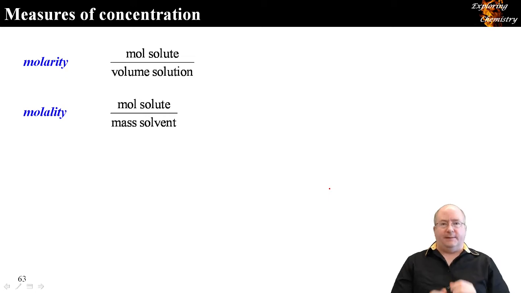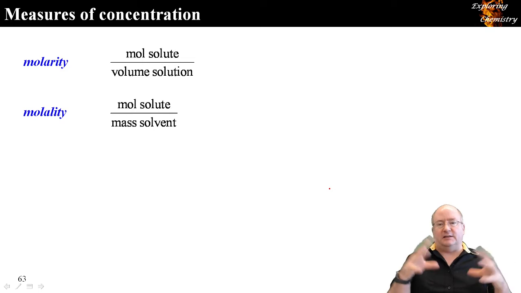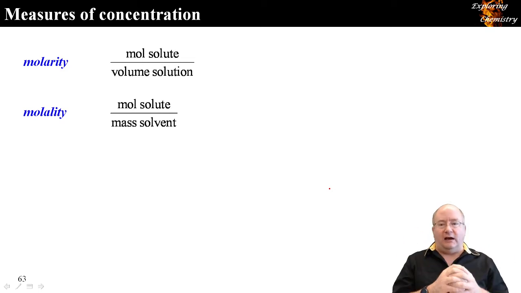The nice thing about molality is that it was independent of temperature. The mass of the solvent doesn't change, the moles of the solute doesn't change as a function of temperature. With molarity, as you increase the temperature, the density changes, the volume increases, and so the concentration in molarity is a function of temperature. It is not in molality.